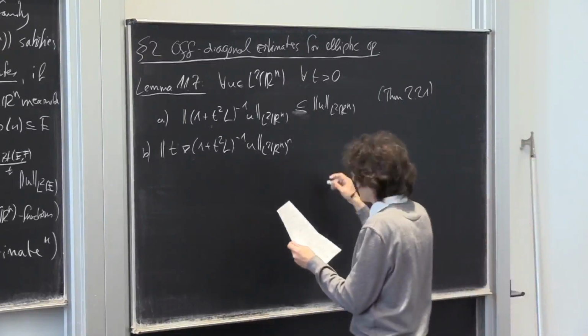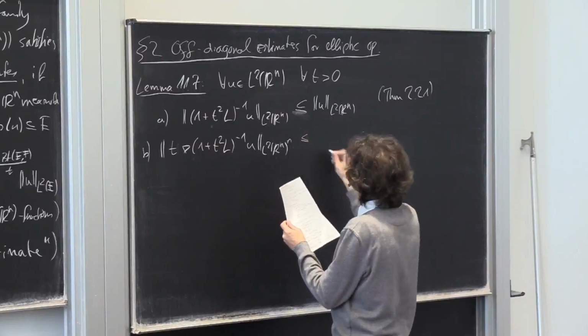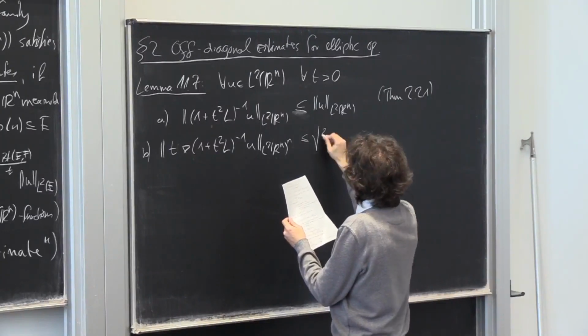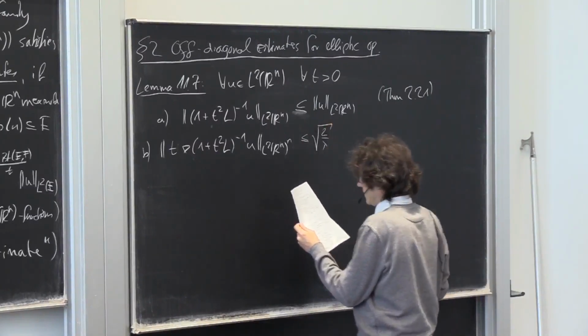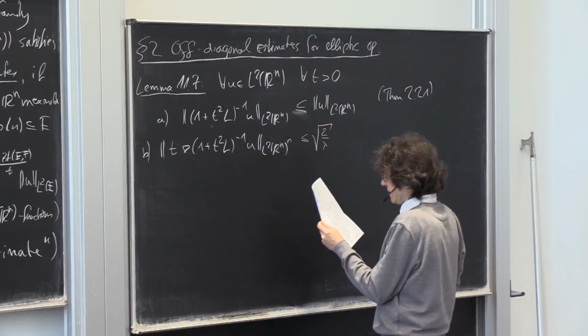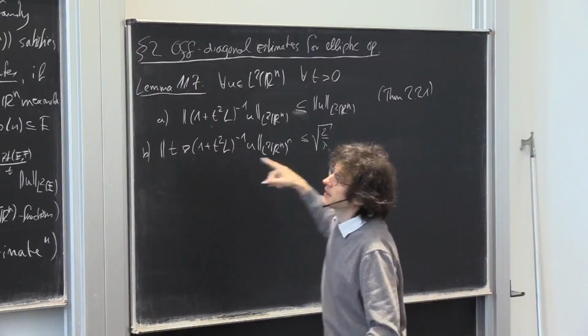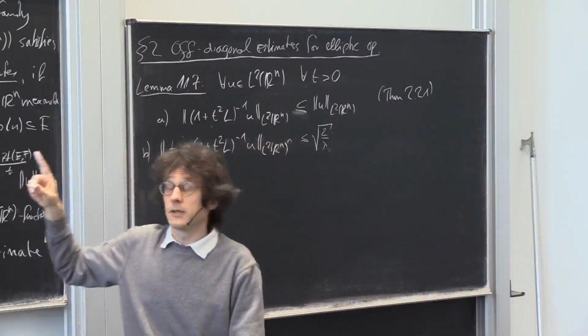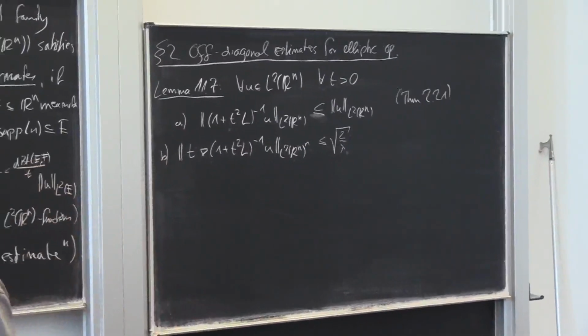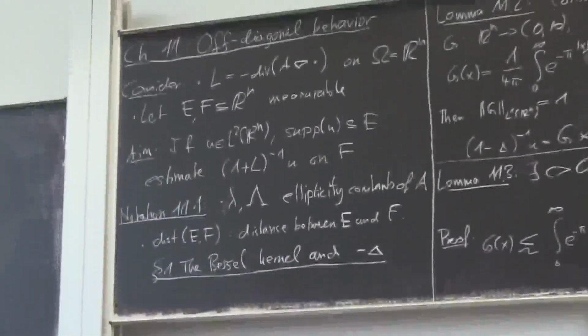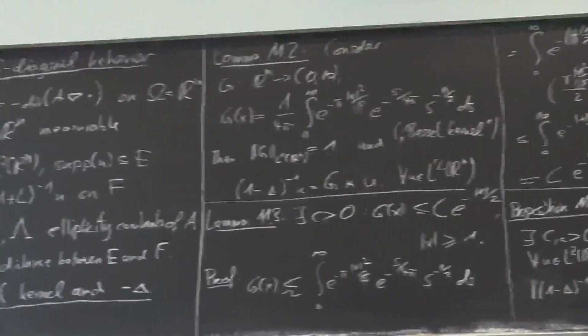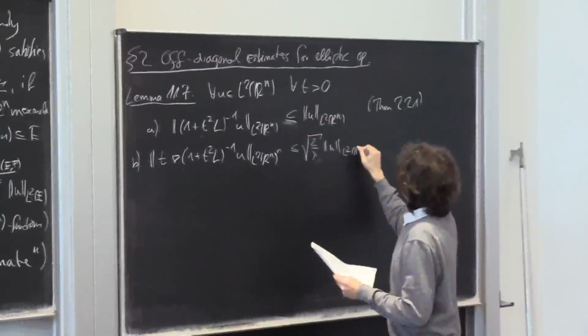And I claim that also for this you have uniform estimates in t. So I claim this is bounded by square root of 2 over lambda. Lambda is the ellipticity constant of our coefficients, I remind you. So this is Notation 11.1. So this is the ellipticity constant of the coefficients times the L2 norm of u.